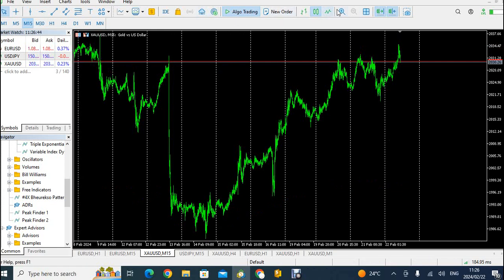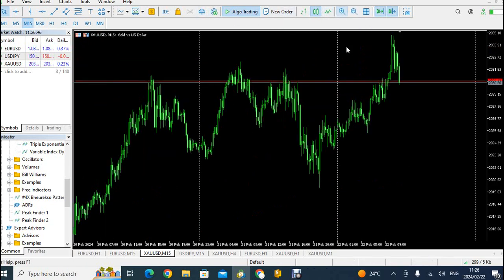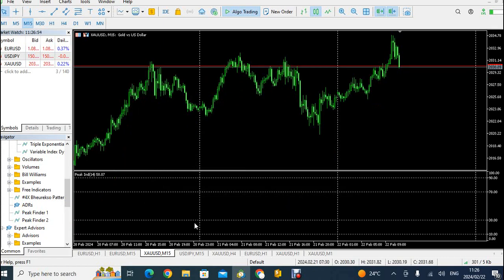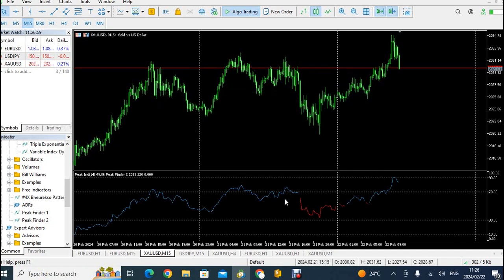So I have here with me the chart for gold, right? And what I'm going to do is take these two, peak finder 1 and peak finder 2, and put them on this.